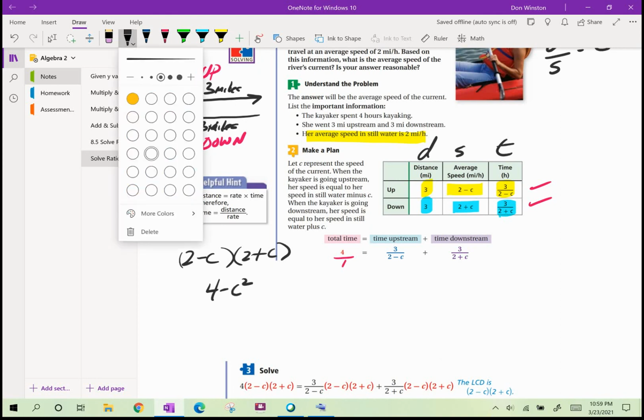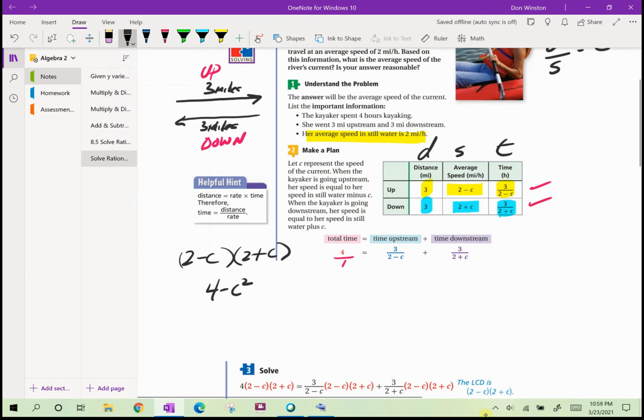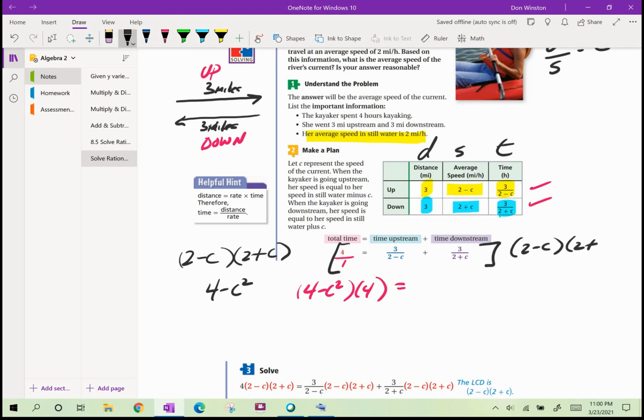So when I multiply my entire equation by my LCD, which is 2 minus C times 2 plus C, I'll multiply 4 minus C squared times 4, and that will equal, again multiplying by my LCD, which is 2 minus C times 2 plus C, but I can also represent that as 4 minus C squared.